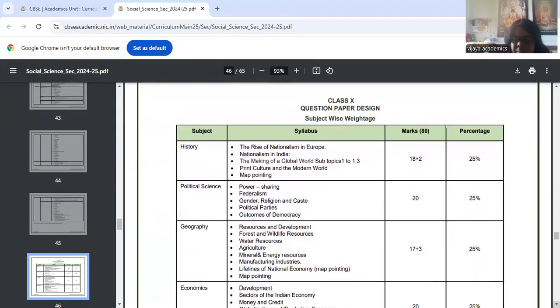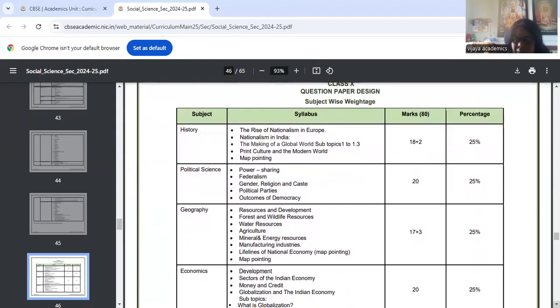Now we are going to see the subject-wise weightage, question paper pattern and design. Now history, as you know, there are 5 topics: the rise of nationalism in Europe, nationalism in India, the making of a global world, print culture and the modern world, and map pointing. 18 plus 2, that is 25%.